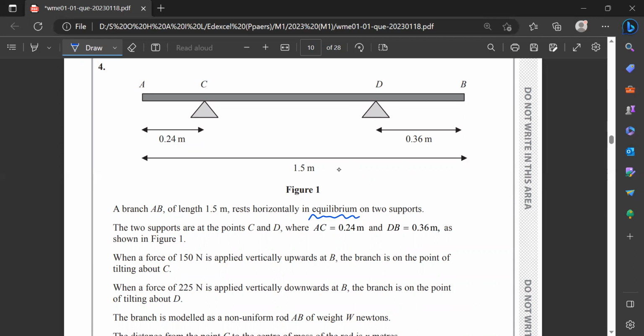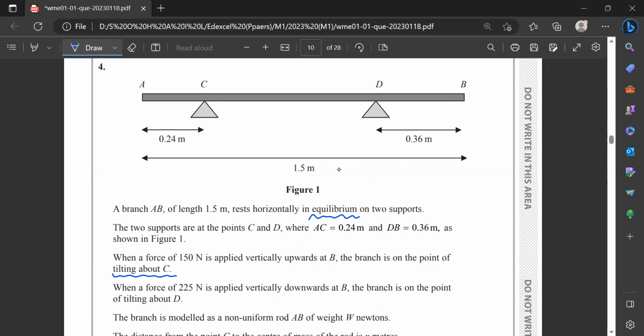Two supports are at C and D. AC is 0.24 and DB is 0.36, as in the figure. When a force of 150 is applied vertically upwards at B, the branch is on the point of tilting about C.